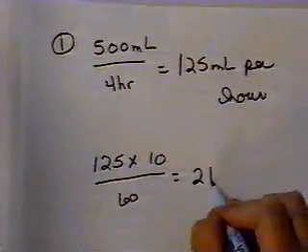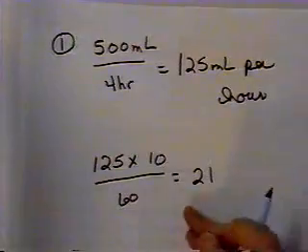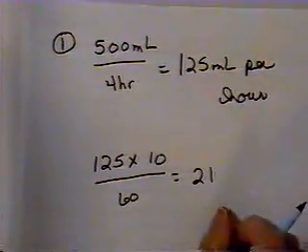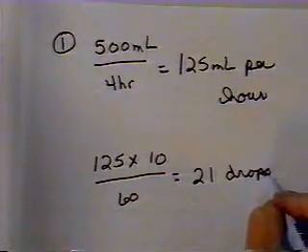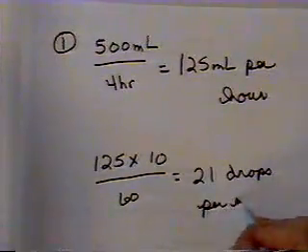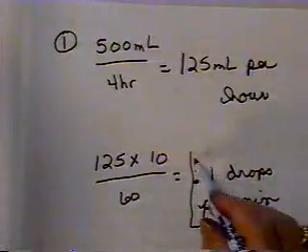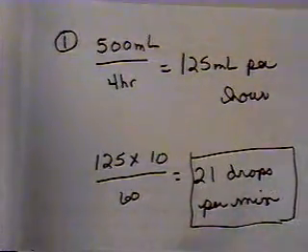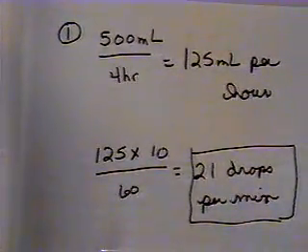Now this number we round off to the nearest whole number. We don't use any decimals here, we round it to a whole number because this answer is drops per minute. And you can't give me 0.8 of a drop. So the drops are always rounded off to a whole number.